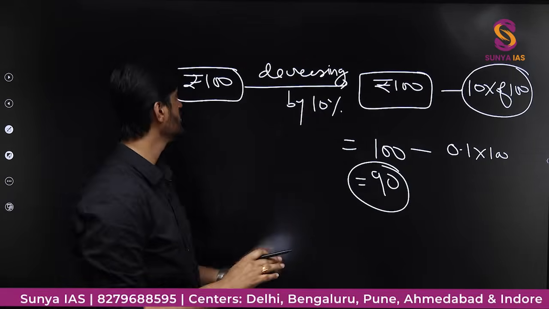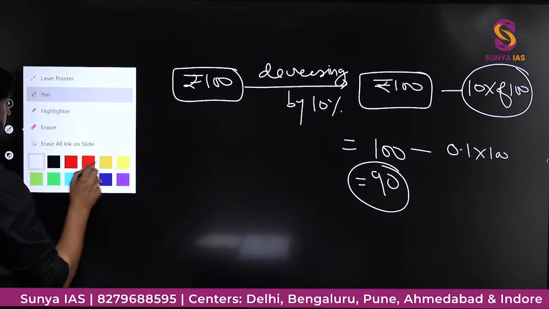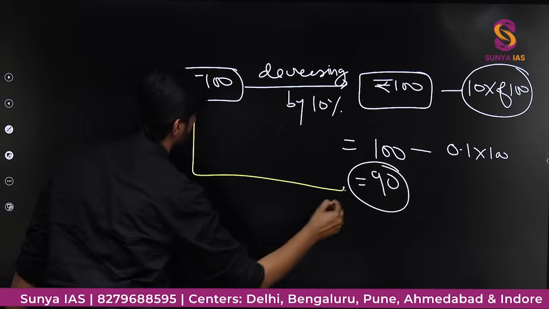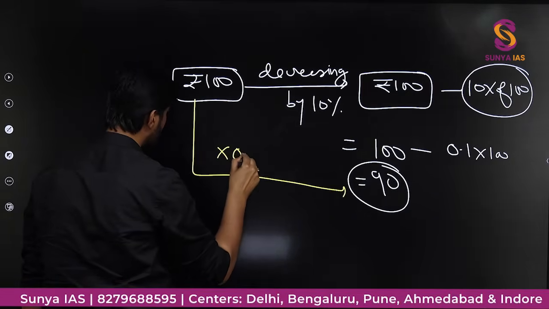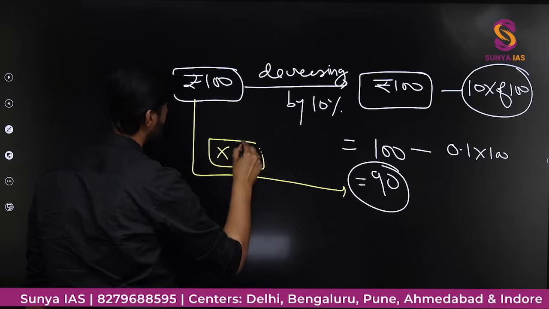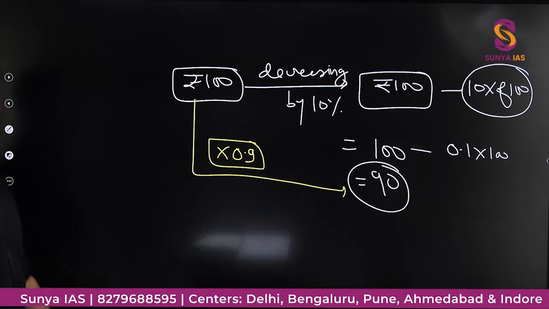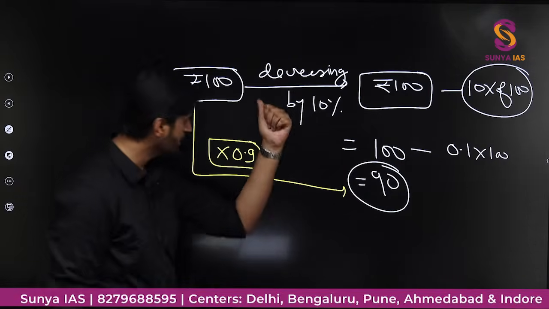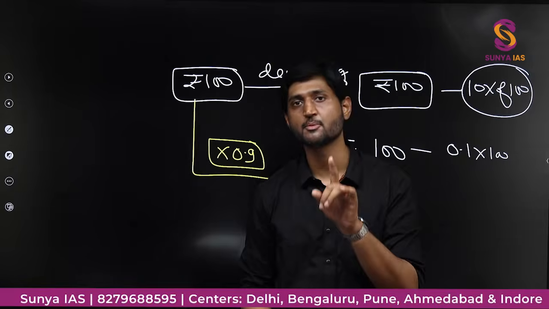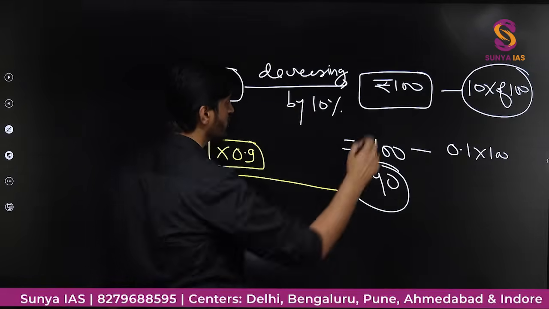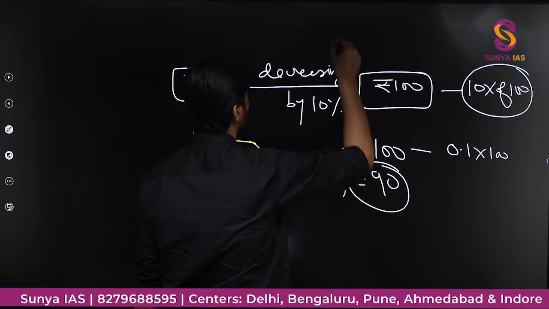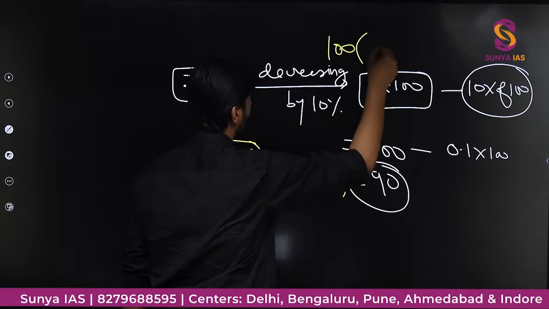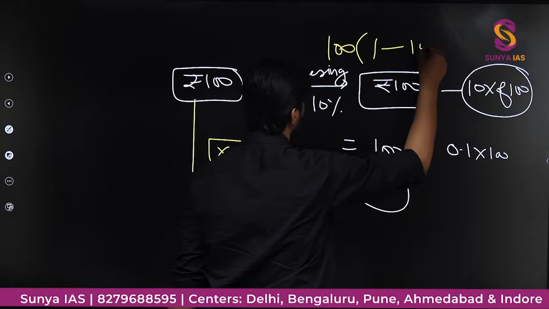Also, what we can do here is we can just multiply this original amount by 0.9 and get this result, 90, immediately. How did I do that? Why did I multiply with 0.9? Just pay great attention here. So what we have here, again I am going to take 100 common, and therefore I will have 1 minus 10% of 1.